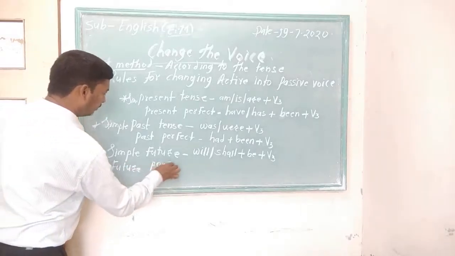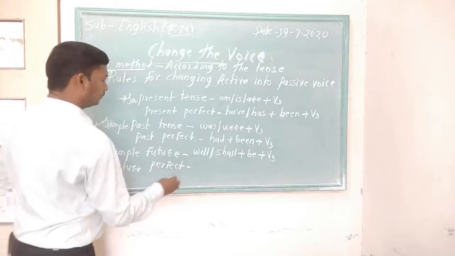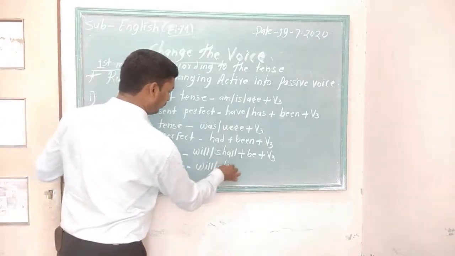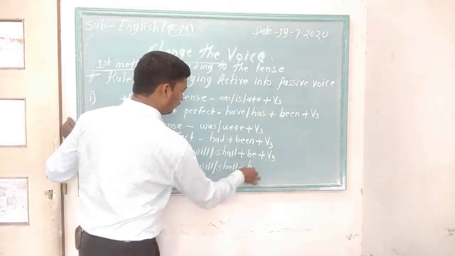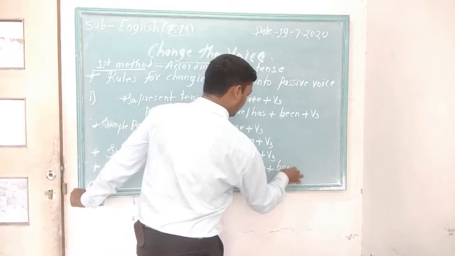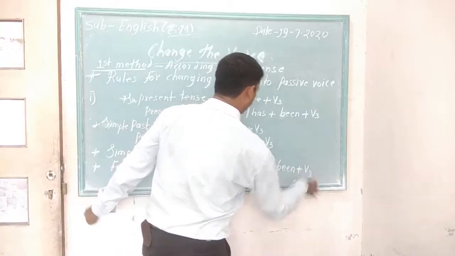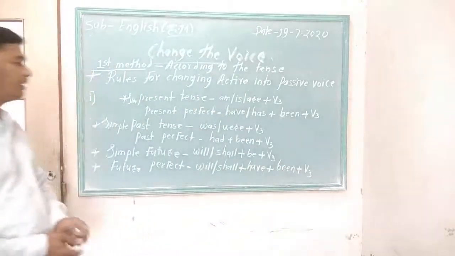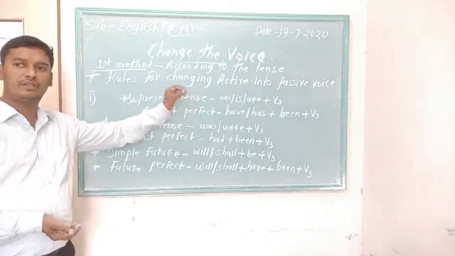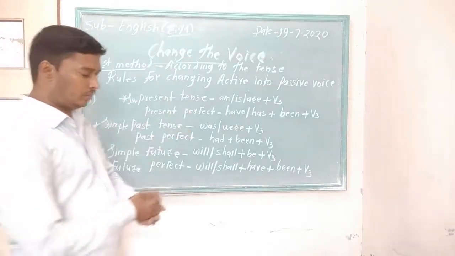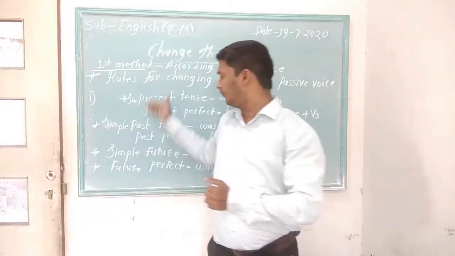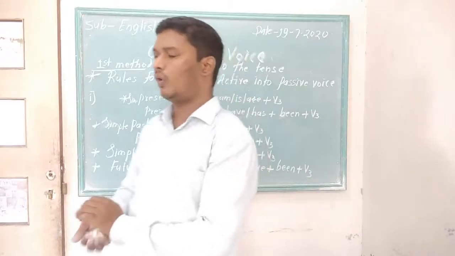Future perfect: will, shall plus have plus been plus V3. These are the auxiliaries according to the tense which can be used in the passive voice. Write fast by red pen. It's very important.